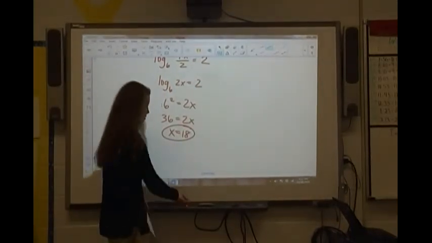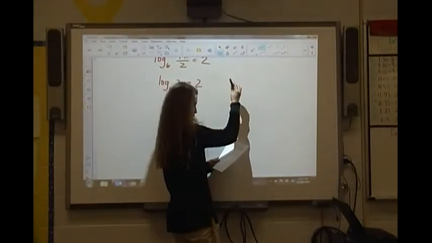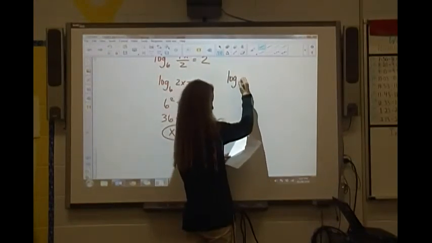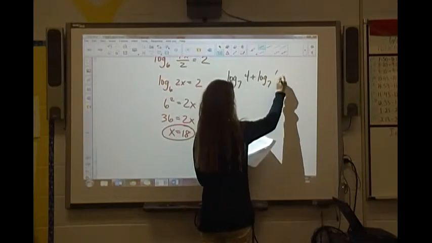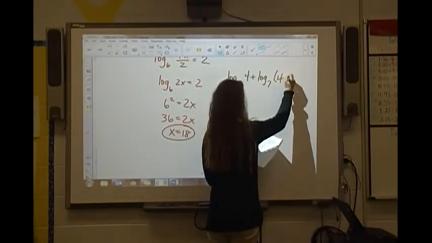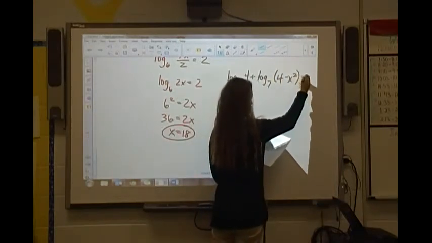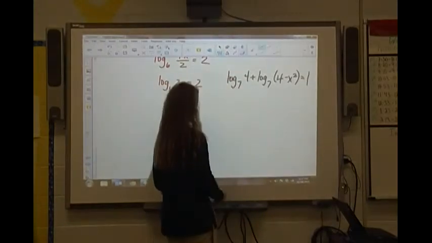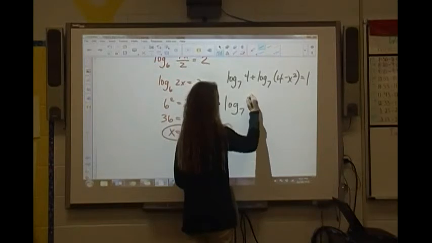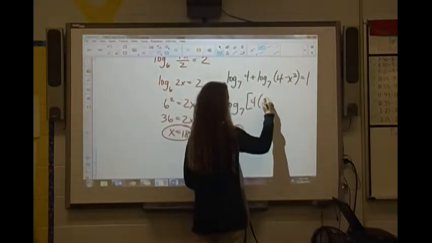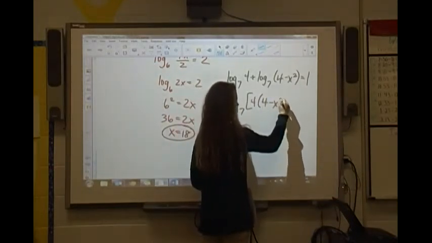All right, let's do one last. So if I've got log base 7 of 4 plus log base 7 of 4 minus x squared is equal to 1. Cool. Log base 7 of 4 times 4 minus x squared.